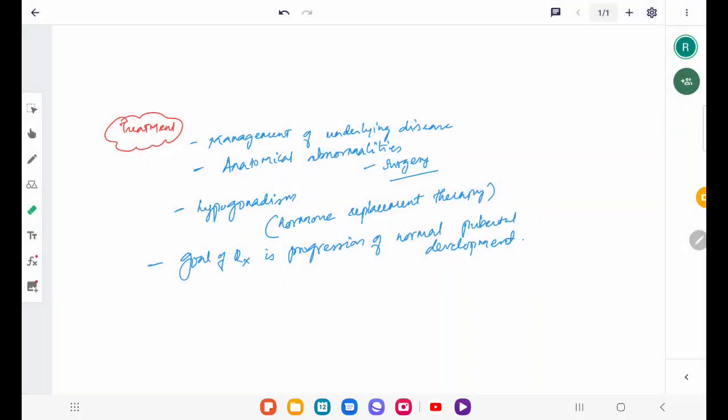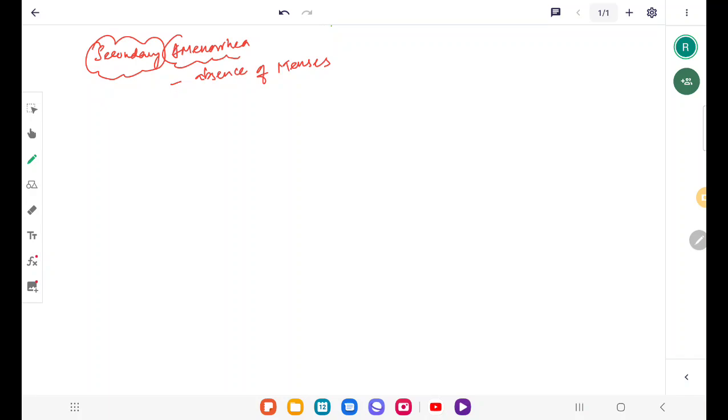Now we'll study about secondary amenorrhea. So the secondary amenorrhea can be defined as the absence of menses for more than 3 months in individuals with previously regular cycles.